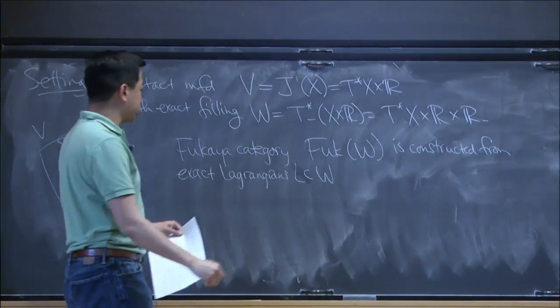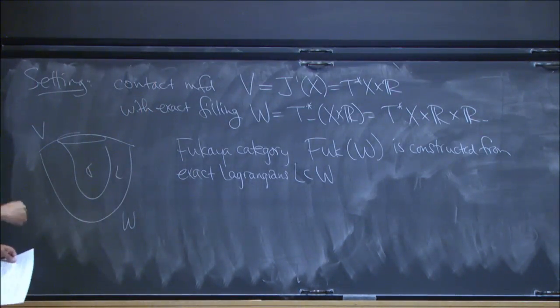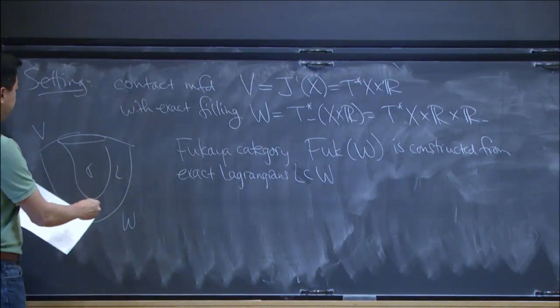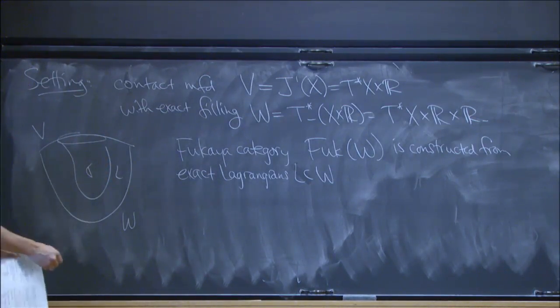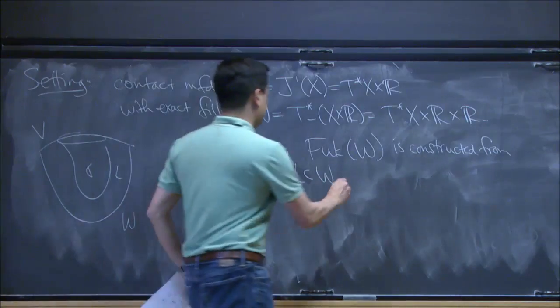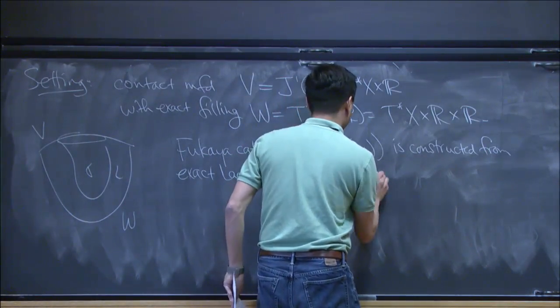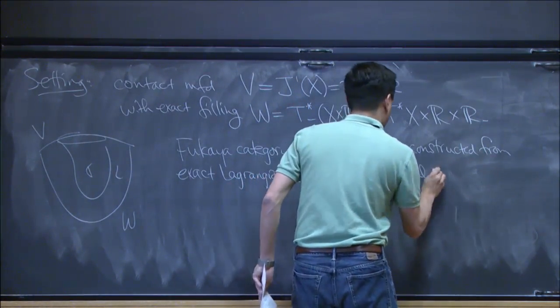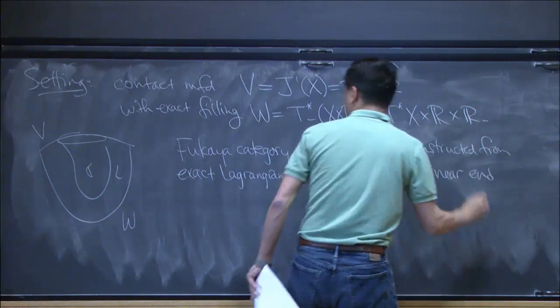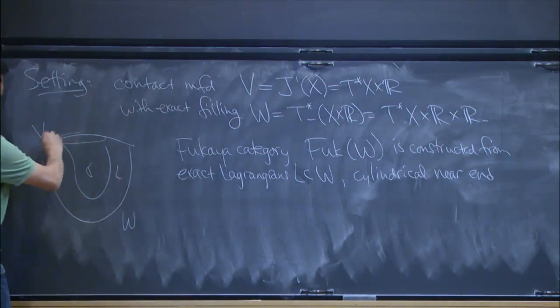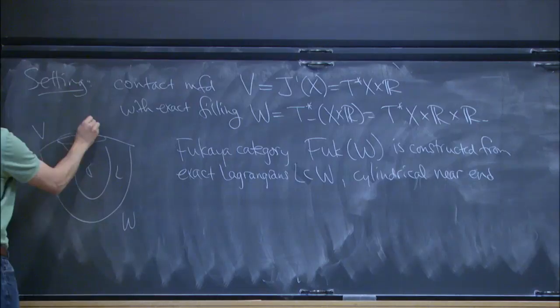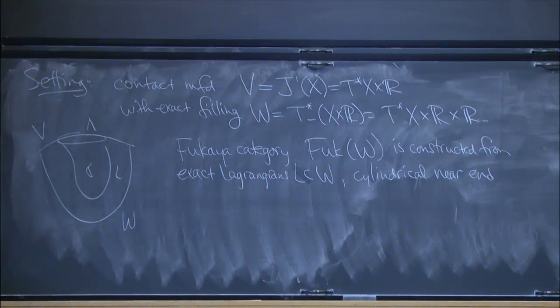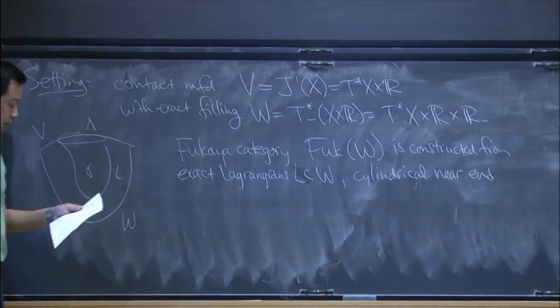Maybe there's some additional data that you need on the Lagrangians, which I will ignore. Also, I want to assume that if they have this non-compact end, it's cylindrical near the end. What that means is that as they approach this end here, they approach a cylinder over some Legendrian lambda inside of V.